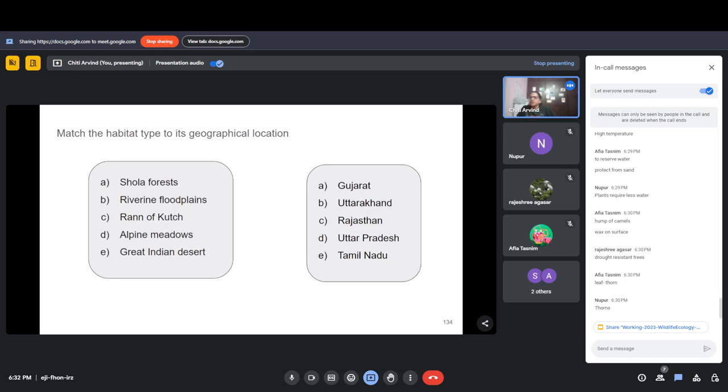How do you think plants are pollinated in desert regions? What do you feel is the way of pollination or dispersal? Alright, think about it. We'll come to this part later.